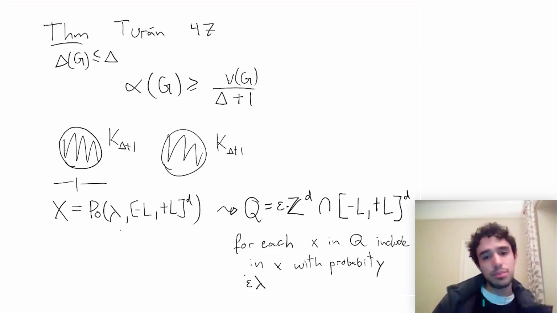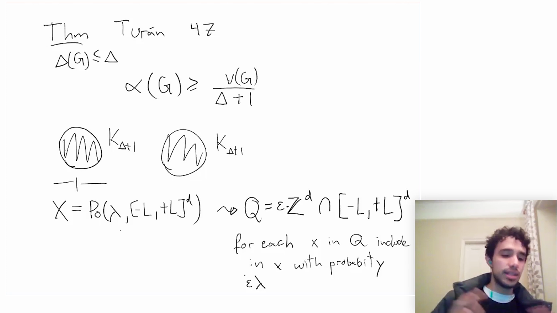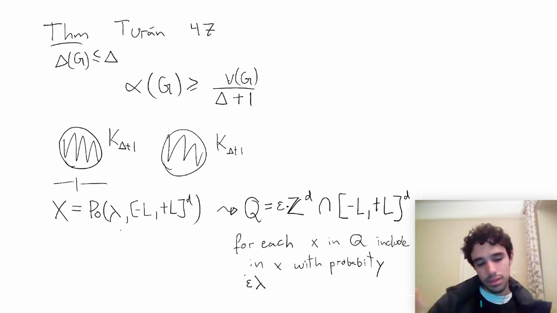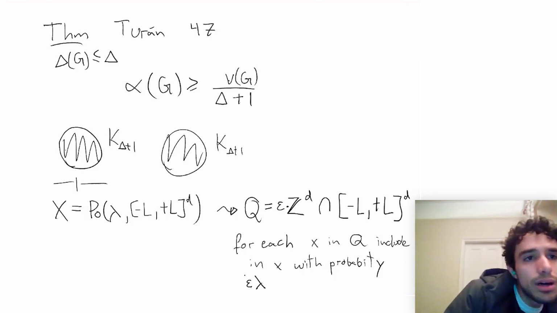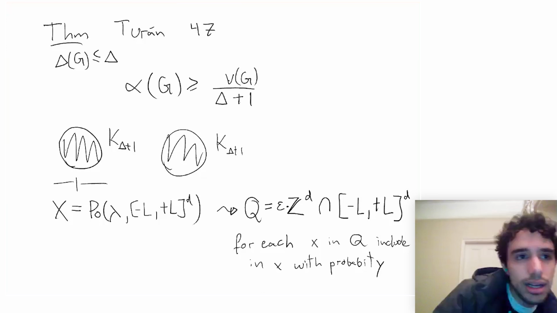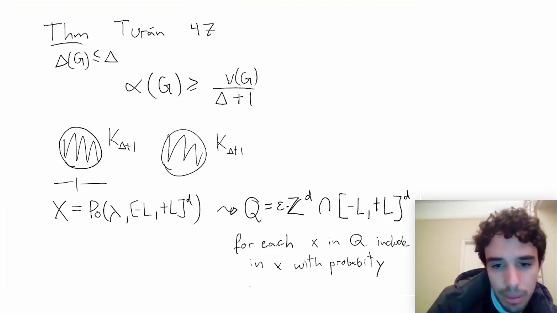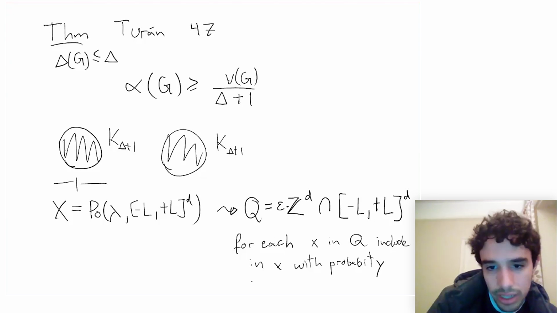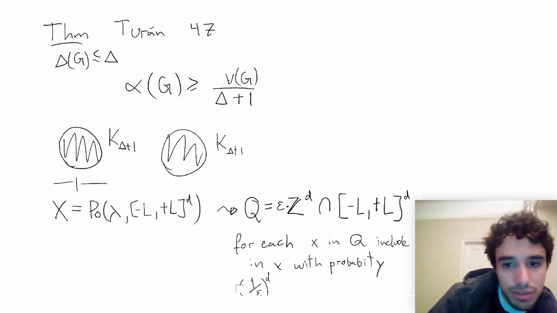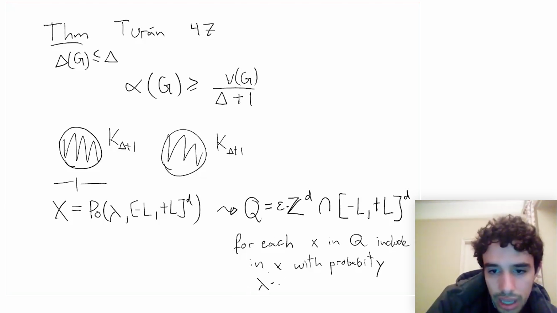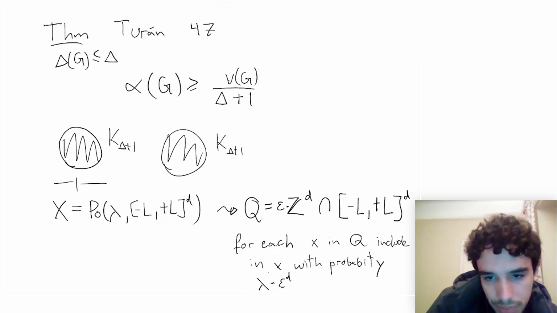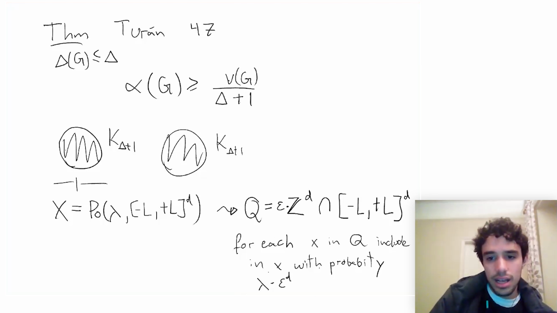The important point of the Poisson point process is that the expected number of points in a set of a given volume will be just lambda times its volume. So roughly the number of points in a ball of volume 1 here will be like 1 over epsilon to the d. So I guess we want to include the points with probability lambda times epsilon to the d, independently.